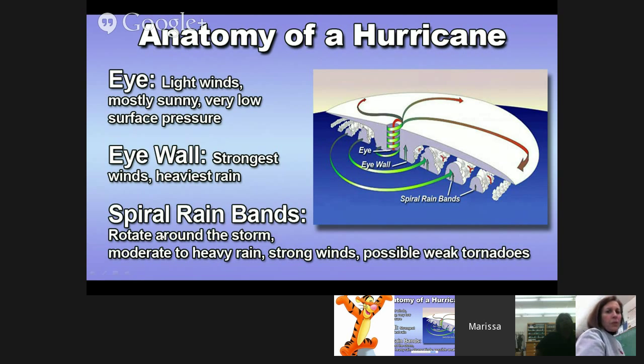And you also find some pretty heavy rain and some pretty strong winds in the spiral rain bands. But many times these things are responsible for producing tornadoes. So when a hurricane comes inland, it can produce a tornado from one of its many individual thunderstorms, while the entire conglomeration of all of these storms spinning around the center eye is what we call a hurricane.